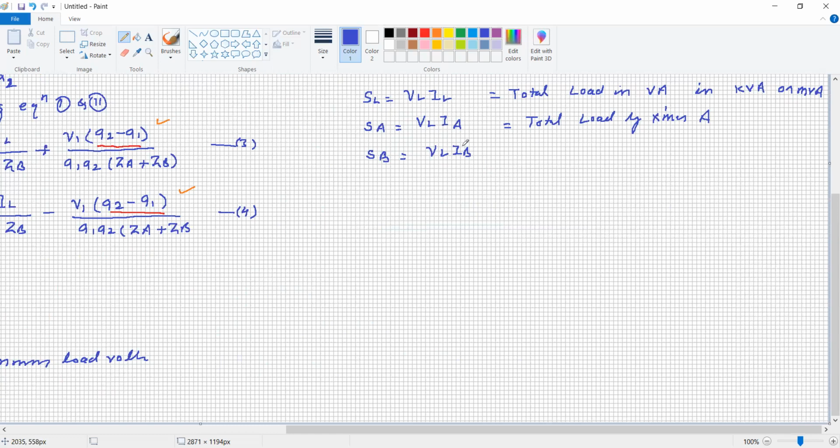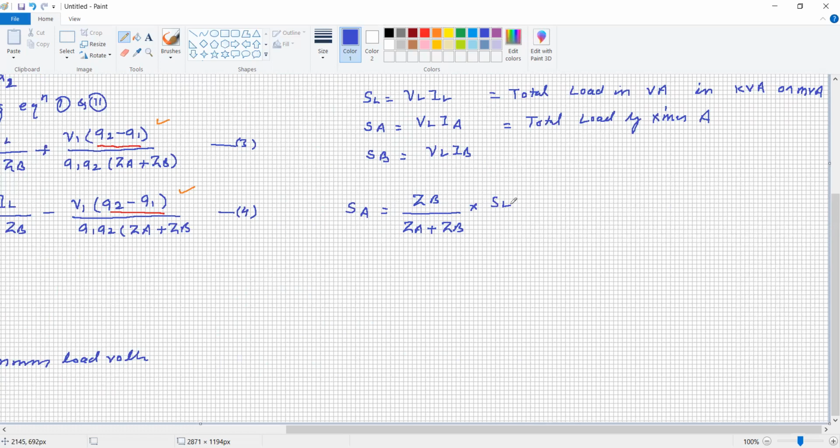So just multiplying equation number 5 gives, under such condition, SA is equal to ZB divided by ZA plus ZB into SL. What is SL? VL into IL.